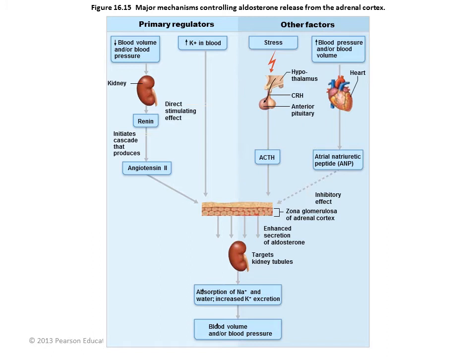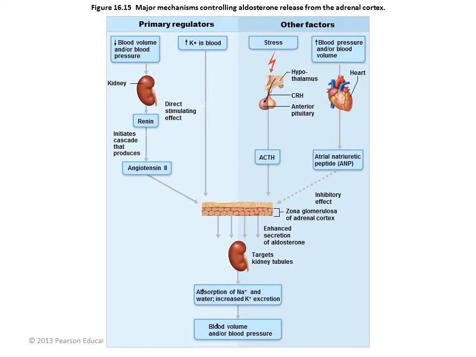Normally aldosterone secretion is coupled with the renin-angiotensin-aldosterone system, and dropping blood pressure basically stimulates the kidney to release renin, which triggers formation of angiotensin 2 in the blood, and this is the potent stimulator of aldosterone release. Also, when the plasma concentration of potassium rises, it directly affects glomerulosa cells of the adrenal gland to release aldosterone.